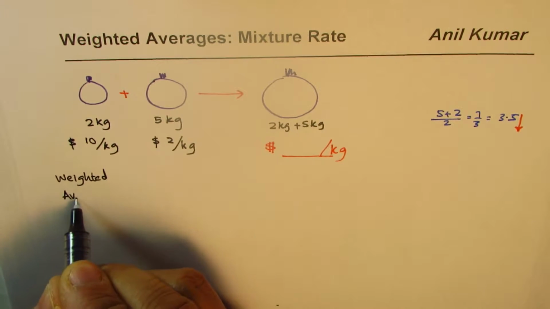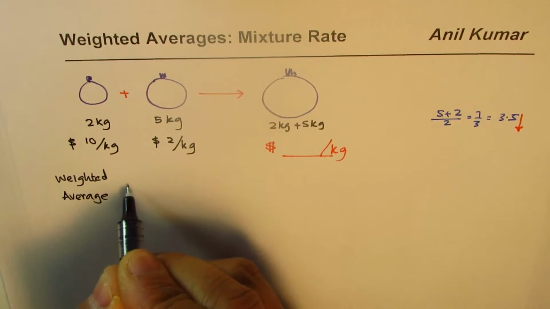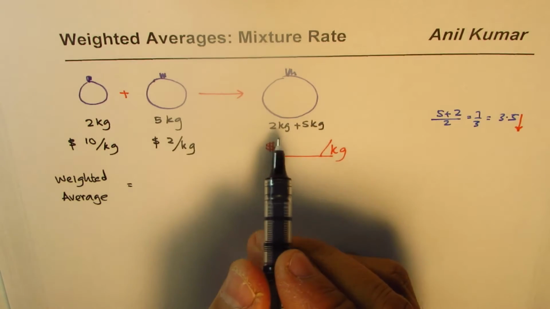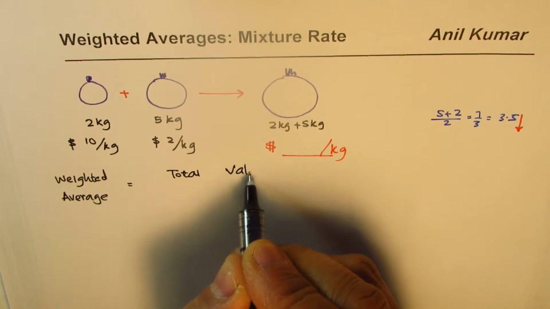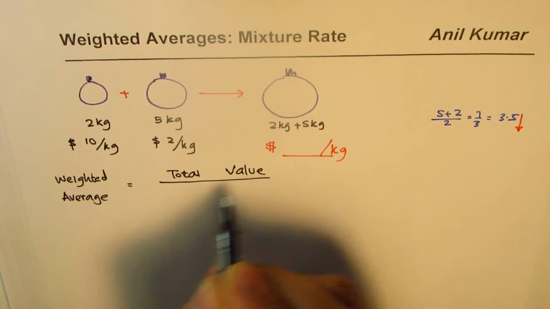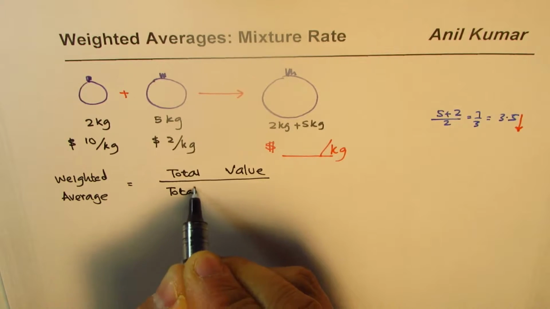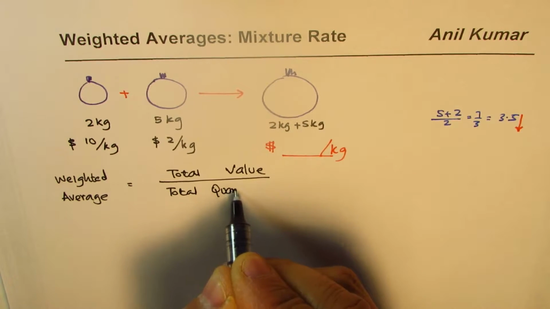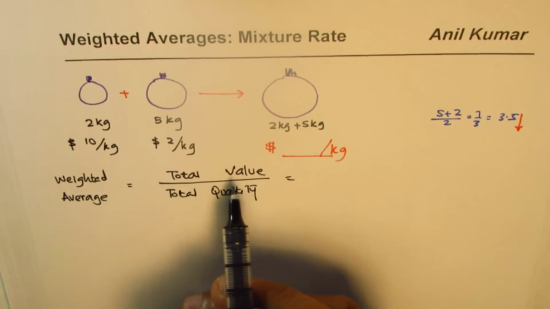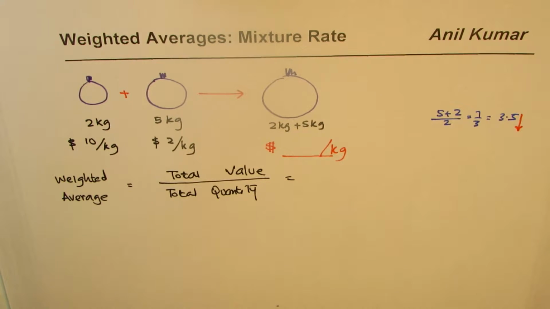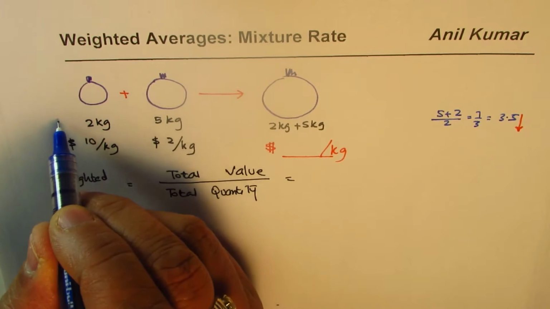Weighted average in this case is the total value of the item divided by total quantity. Now, what is the value? How do you get the value? You get the value by multiplying the quantity with the rate. So value is the product of these two.